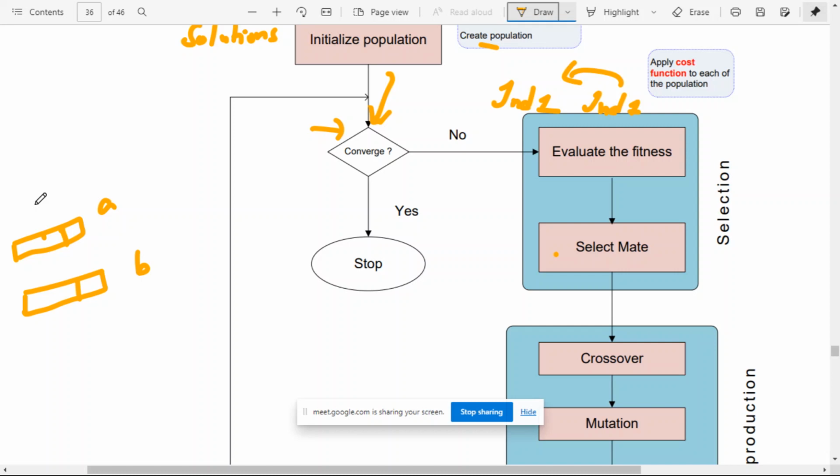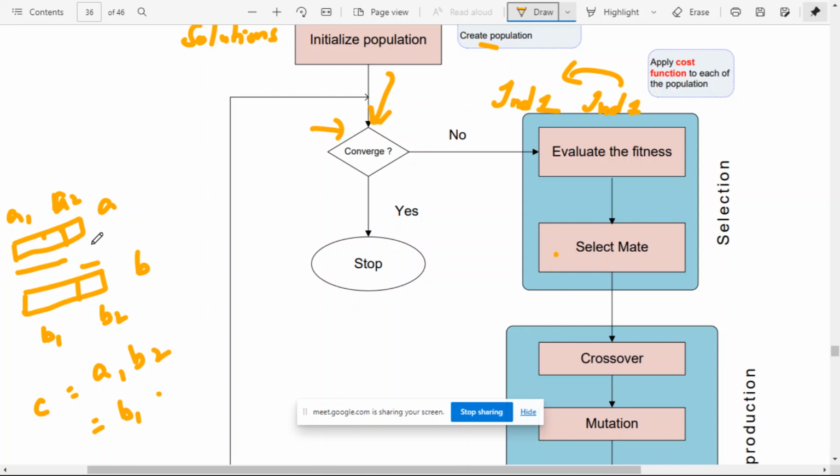Then the new offspring can be either A1 B2 or B1 A2. So it can be any combination. It can be A1 B2, where the first part comes from here and the second part comes from here, or it can be B1 A2, where the first part comes from here and the second part comes from here, okay. That is what is called crossover, right?